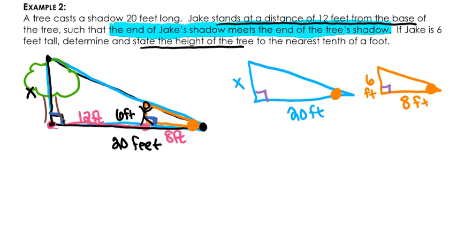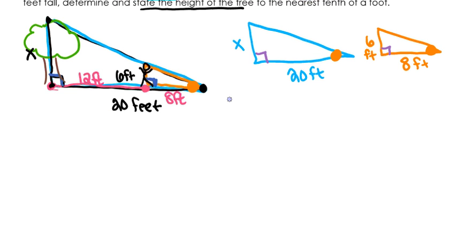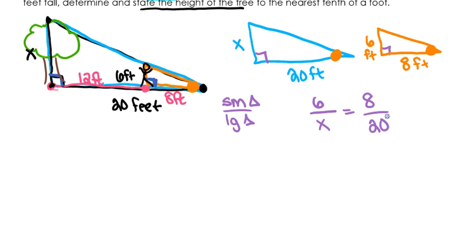So again, I'm thinking similar triangles, proportional sides. I like doing the small triangle over the large triangle, so that's the way I'm going to go. So the left side of the small triangle is 6, left side of the big triangle is x, bottom side of the small triangle is 8, bottom side of the blue triangle or the larger triangle is 20.